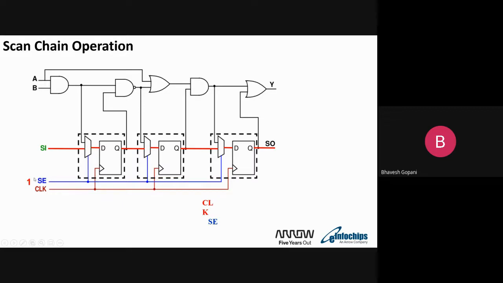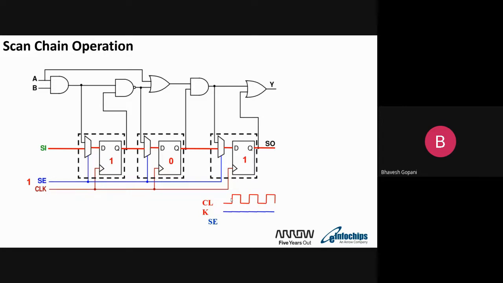Let's say the data is 1 1 0, so I need to insert 1 first. In the first clock cycle, 1 goes in. In another clock cycle, the 1 is shifted to the next flop, and 0 is shifting into the first flop. This way the shifting is happening.